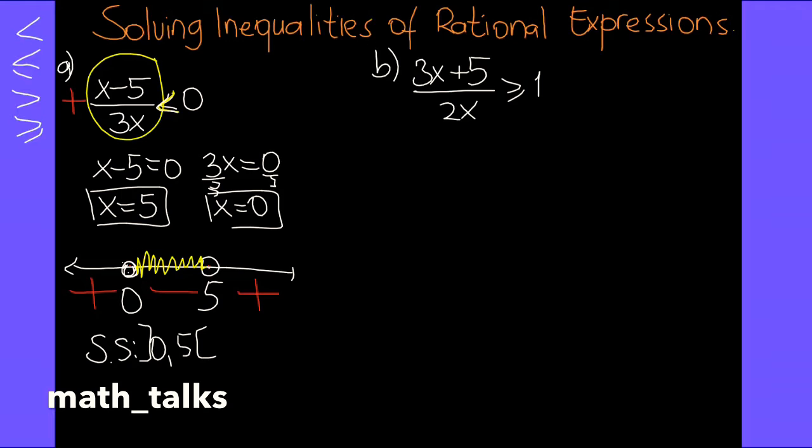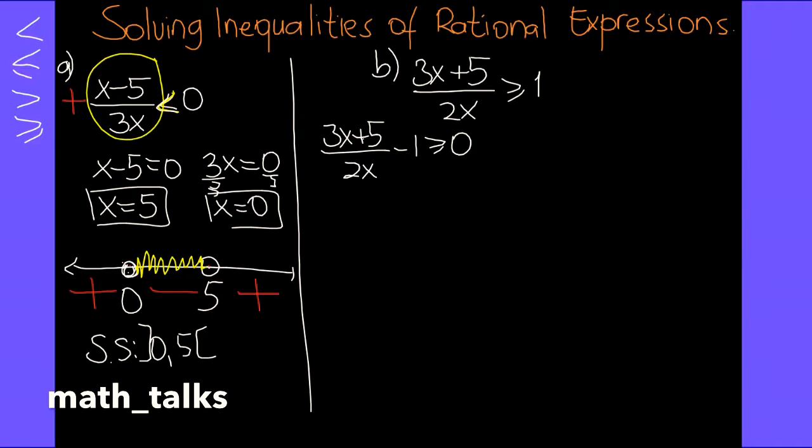For the next question, as I told you before, you have to move 1 to the left side, so it will be 3x plus 5 over 2x minus 1 bigger than or equal to 0. Now on the left side we have two rational expressions being subtracted. We know that for integers the denominator is 1.